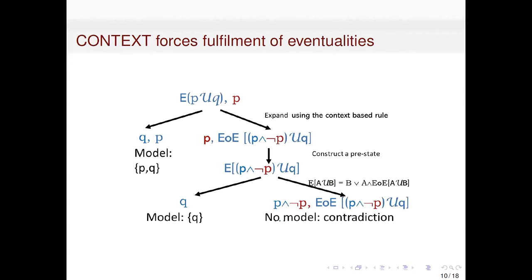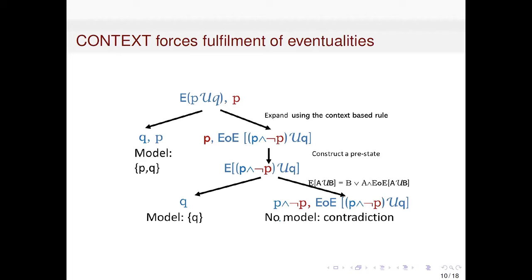So let's have a look at how the construction of the Tableaux works here. I start with this node that is labeled by my two given formulae. I expand this node and already have a model on the left-hand side, where you have, of course, to satisfy P, and because it's the eventuality P until Q, I want Q to be true. That would make the until formula true already, right? Alternatively, I go ahead and expand using the context-based rule specific to our construction.